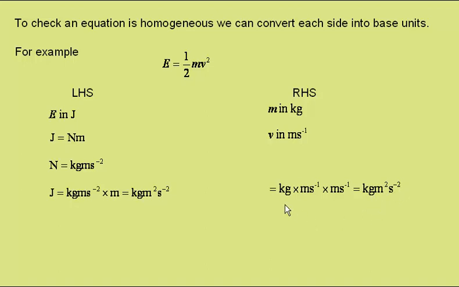We can ignore the half here because it has no units. So we have the left hand side kilogram meters squared seconds to the minus 2, the right hand side kilogram meters squared seconds to the minus 2. So the equation is homogeneous.